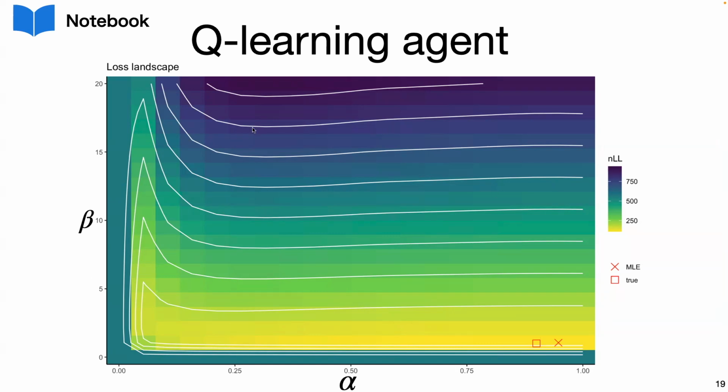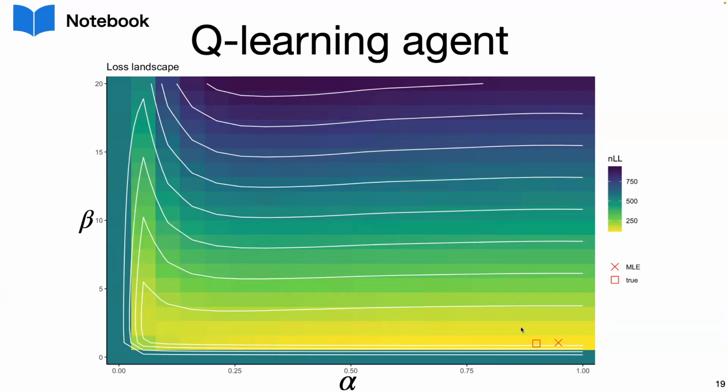Again, with our 2-parameter Q-learning agent, you'll find this in the notebook. Here, I plotted out what the loss landscape looks like. I generated some data based on the combination of parameters at this square, and then ran the model at all these gridded combinations of beta and alpha to give you an idea of what the landscape is like. We have very steep gradients in a very nonlinear way.